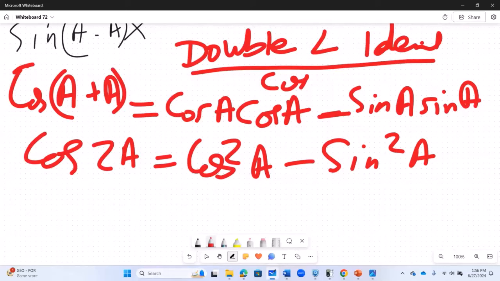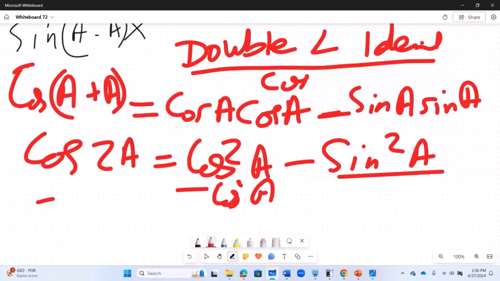All right. So everybody now you can see that I can decide to rewrite this one. So subtract cos squared A on both sides.